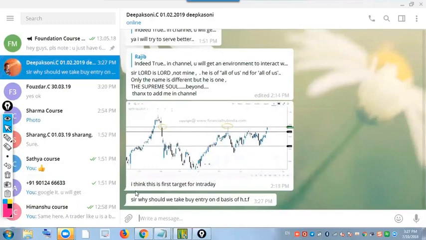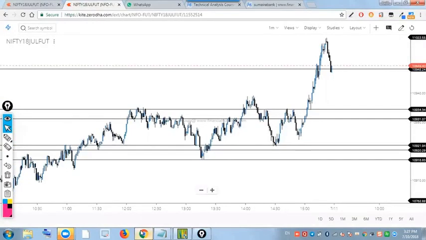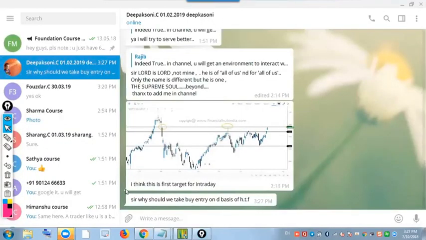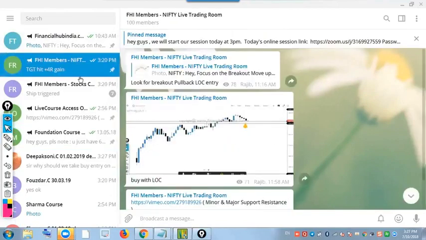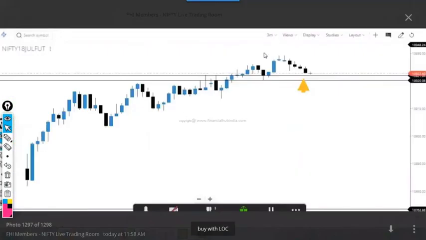He's asking, why should we take buy entry on the basis of higher time frame? No, not necessary. We can go for buy entry on the basis of lower time frame as well, because the entry we made here is not based on higher time frame, right? This is based on lower time frame. The last trade we did was happening in 3 minutes, so we entered based on 3 minutes.